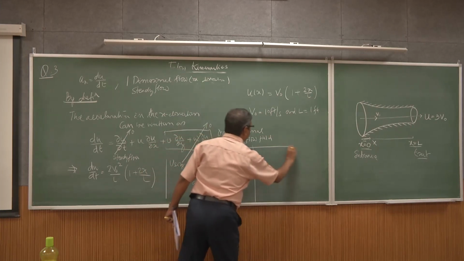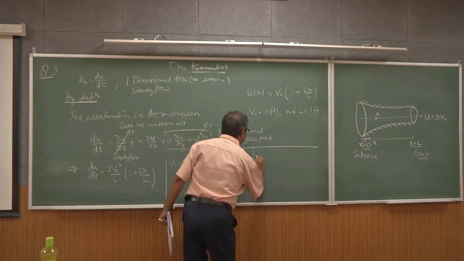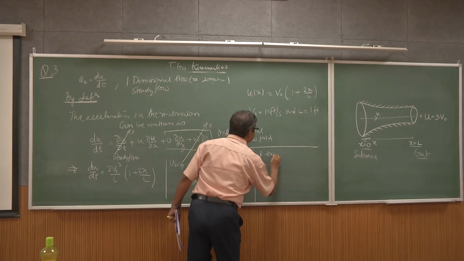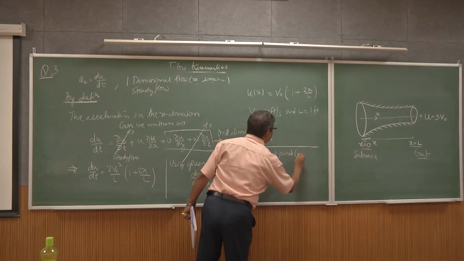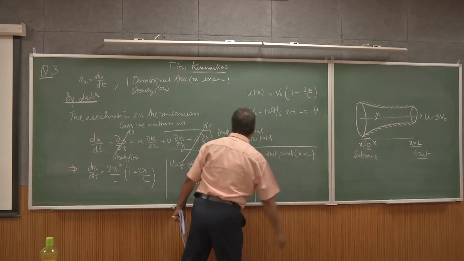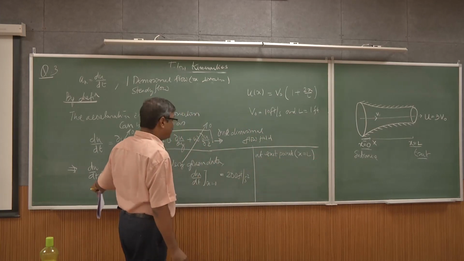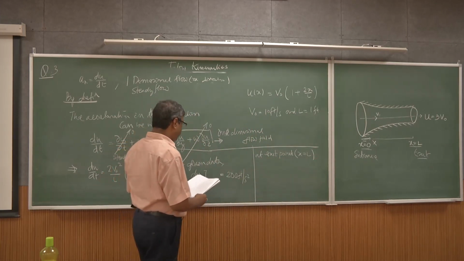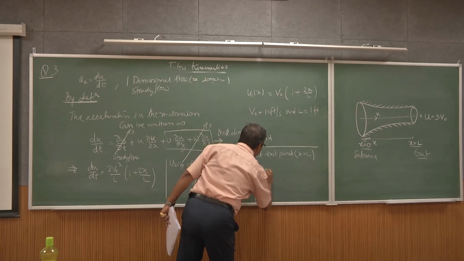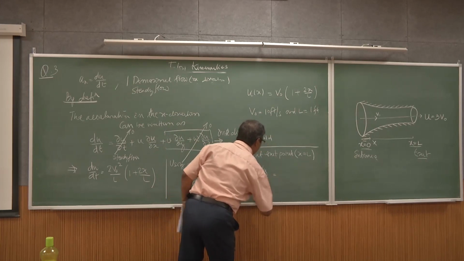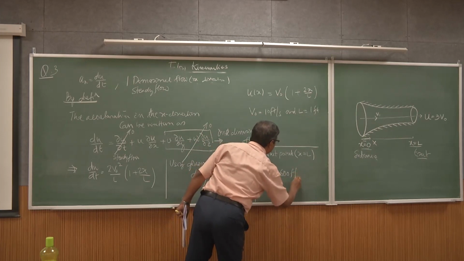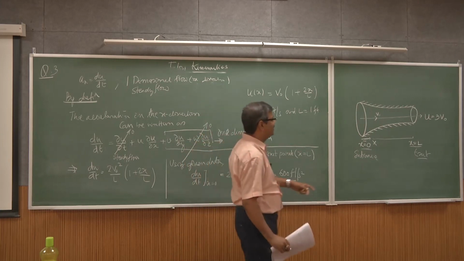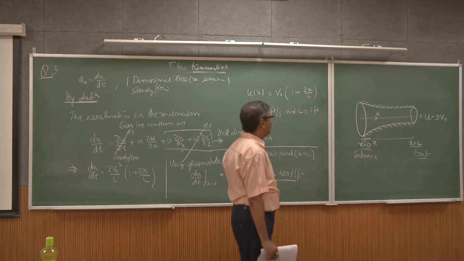The same way at the exit point, where x equals L, substituting x equal to L, we get du/dt equal to 600 feet per second squared, which is 3 times v naught.